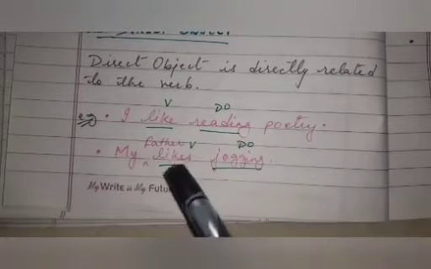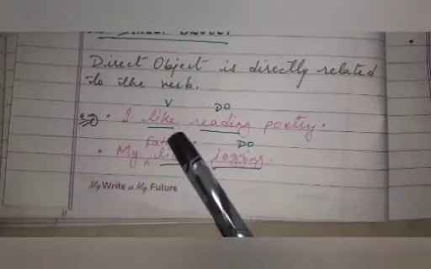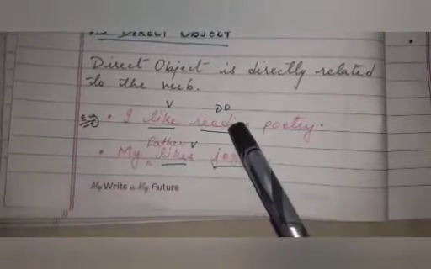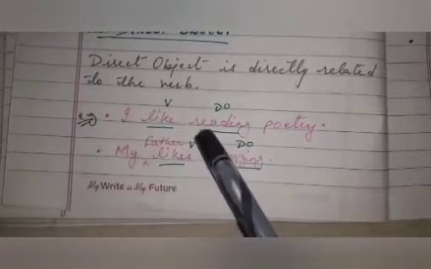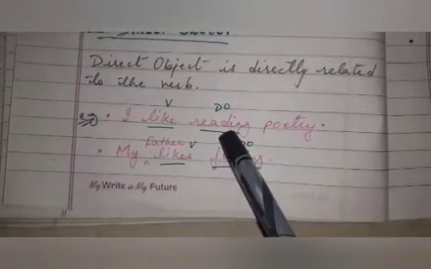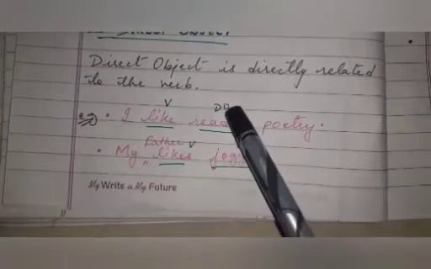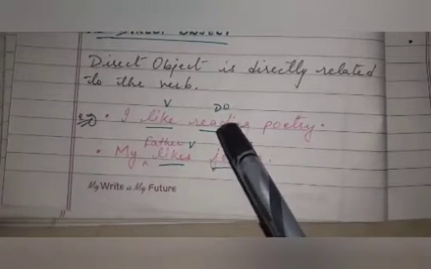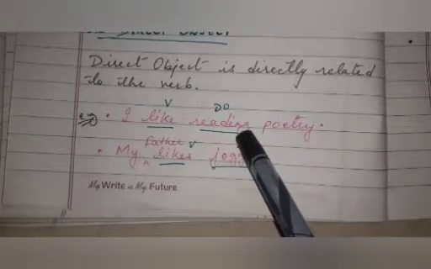So bifurcate: I is the subject, like is the verb. Like what? Reading. So reading becomes your direct object. You will ask the question what to the sentence to find out your object. So I like what? I like reading. So reading becomes your direct object. But you can see here that this direct object is in the form of a gerund.